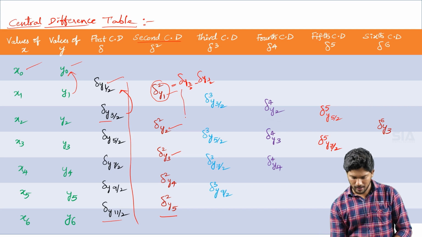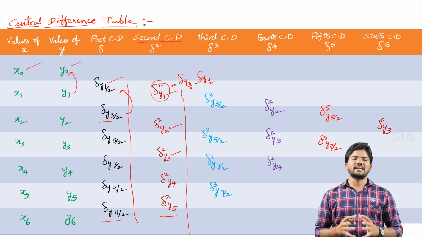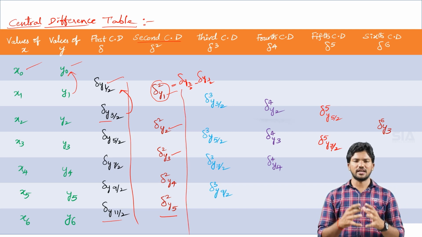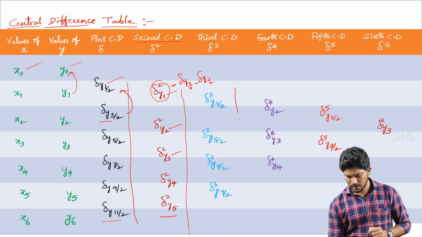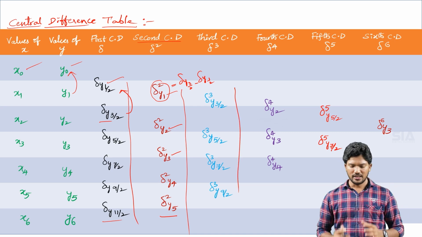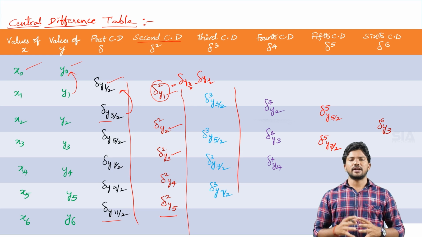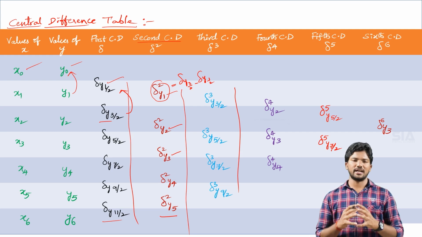This column represents the second central difference operator, denoted as small delta square. The next column we denote as the third central difference operator, denoted by small delta cube.